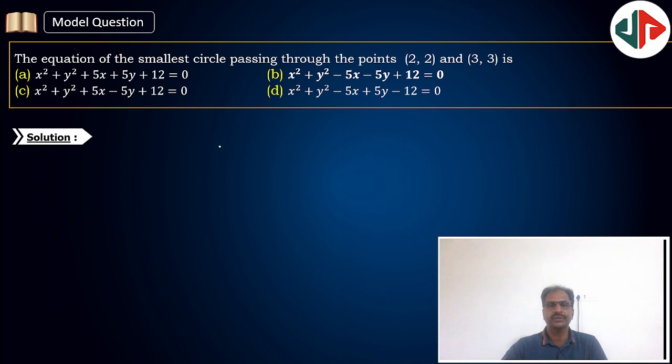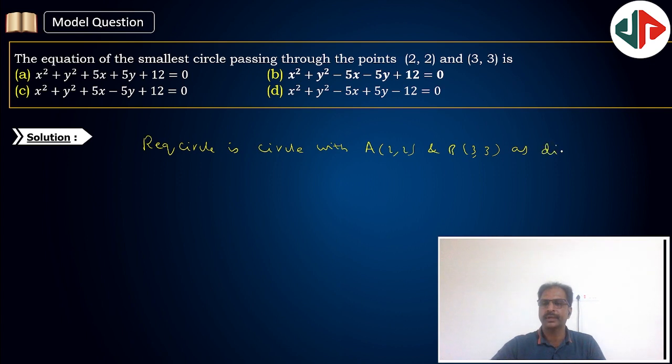Next, the equation of the smallest circle passing through 2 points. See, the smallest circle passing through 2 points is nothing but the circle with the line joining the 2 points as diameter. So the required circle is the circle with A(2, 2) and B(3, 3) as diameter ends.